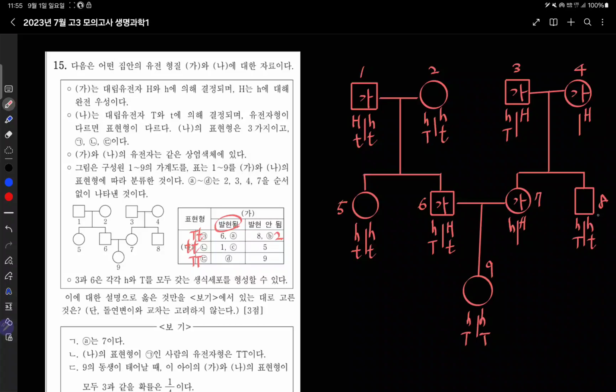And individual number 8, the chromosome with lowercase h and capital T allele comes from his father, so that means individual number 4 should have the chromosome with lowercase h and lowercase t allele.